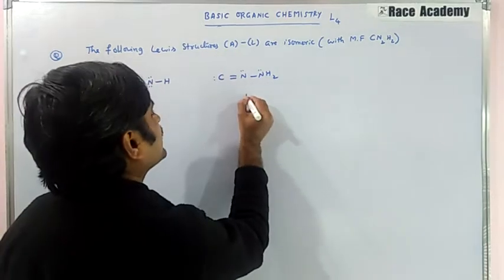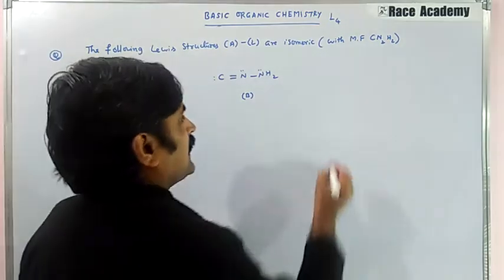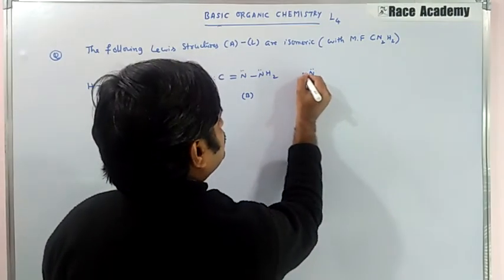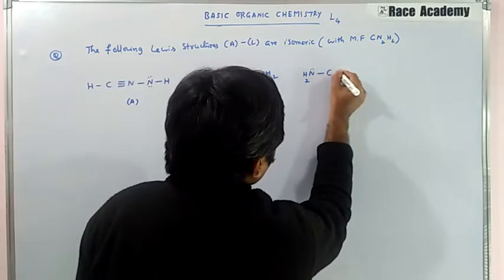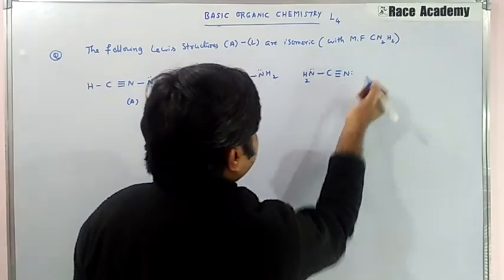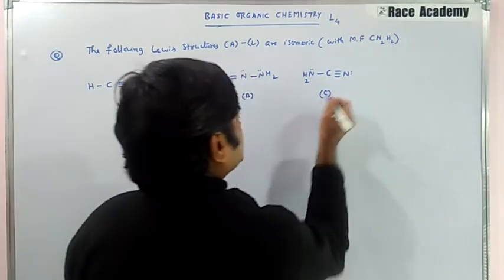This they have taken as B. And what is C? They have given NH2 CN. Likewise, this is C.